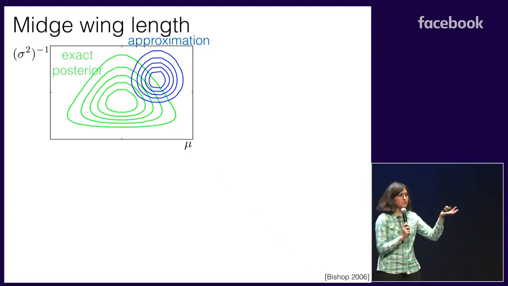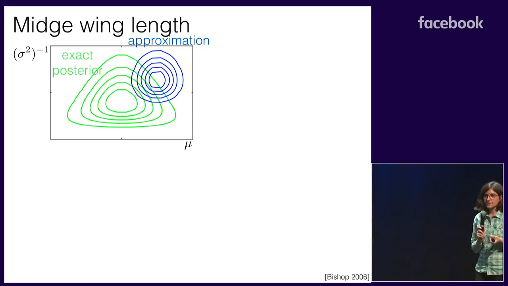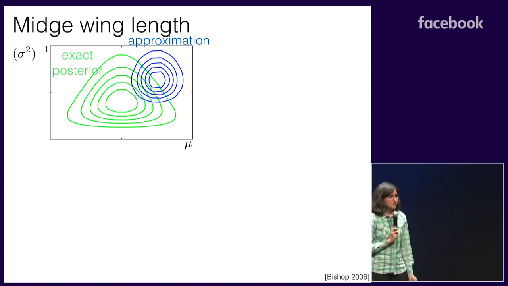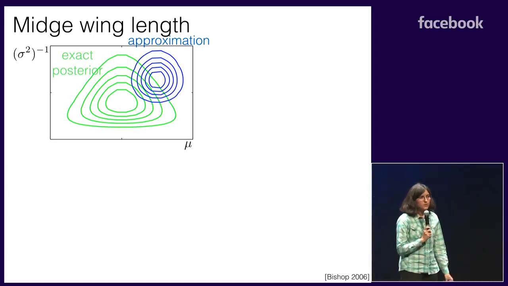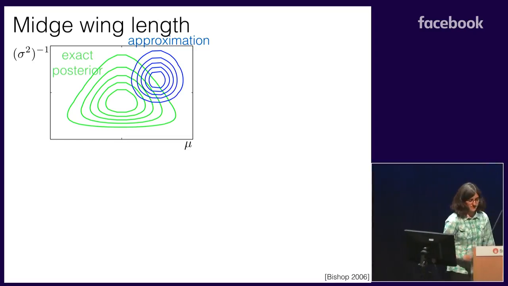Okay, so now the question for you to think about on your own for just a moment is, what is going to happen in the first step of this algorithm? Supposing we're doing coordinate descent, and the first step is we update the distribution in mu. So if we update the distribution in mu as our first step, what is going to change about this plot? Just think about that for a second.